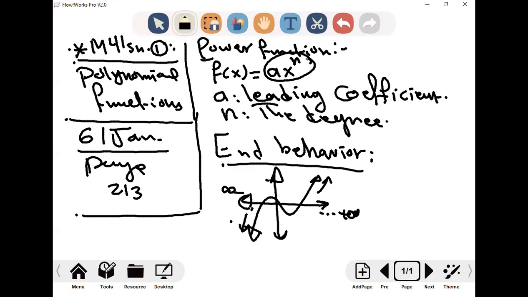Case 1, case 2, case 3, and case 4. The cases are: if n is odd and a positive, if n is odd and a negative, if n is even and a positive, if n is even and a negative. We have 4 cases.